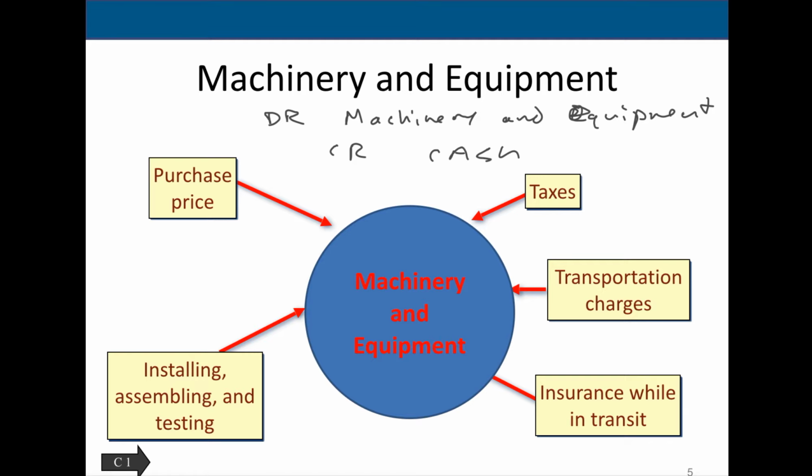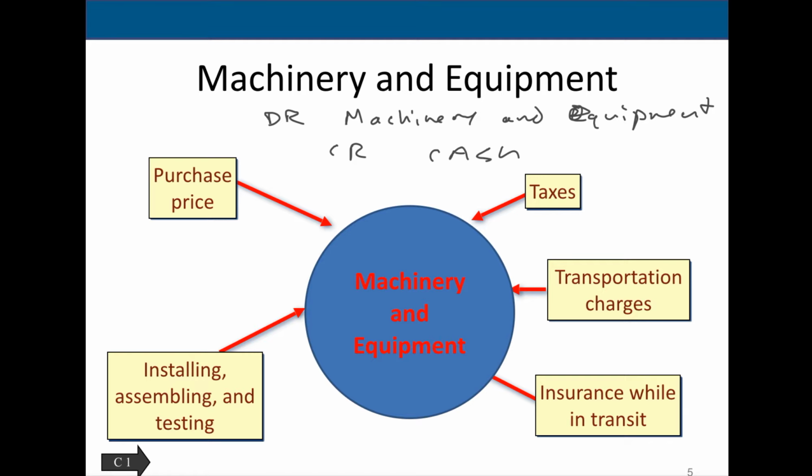All of it. Insurance, transportation, taxes, purchase price. Those are all captured within the debit, machinery and equipment. And all that's telling us is, when we buy these, we're changing one asset, cash, so the cash account's going down, for another asset called machinery and equipment, and that asset account is going up by the amount that altogether this cost us. Okay? Everybody with me?